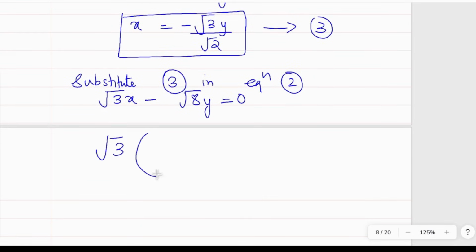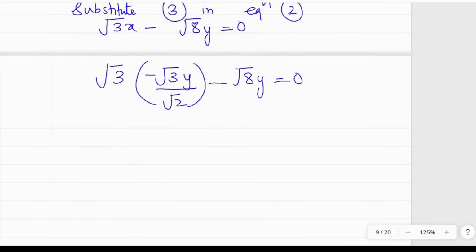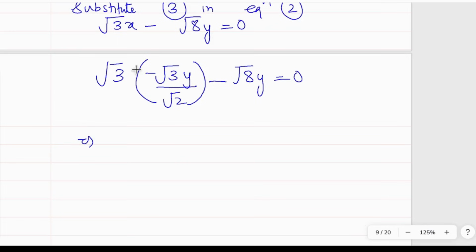Root 3 into minus root 3y divided by root 2, minus root 8y equal to 0. Here, root 3 into root 3 will become 3. Minus 3 by root 2 y minus root 8y is going to be 0, right?